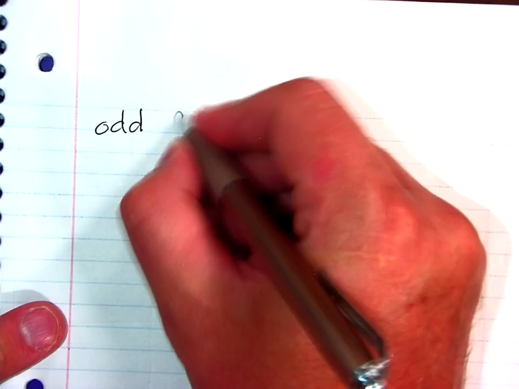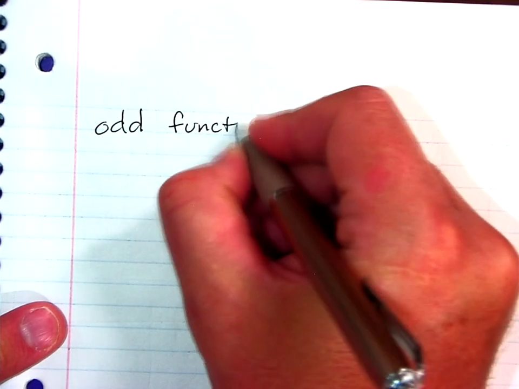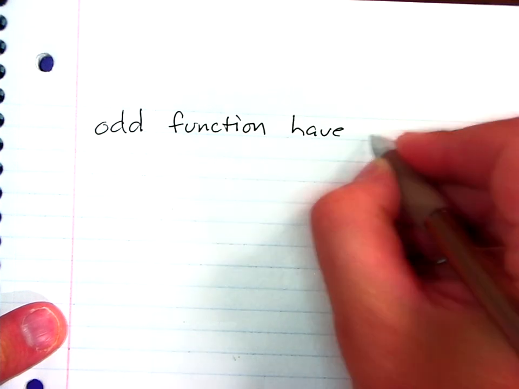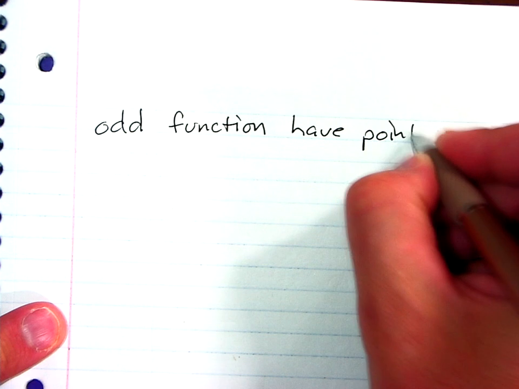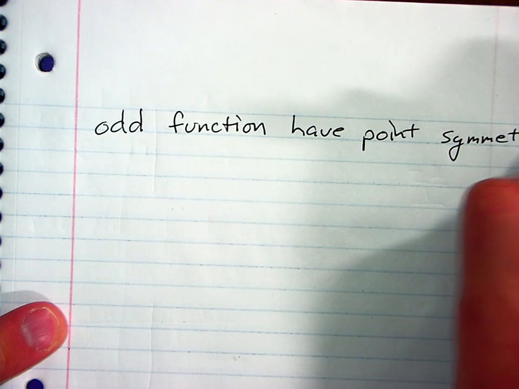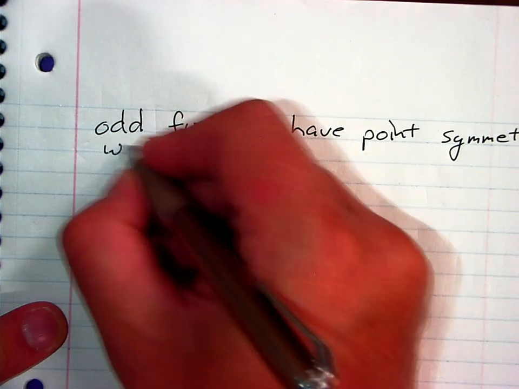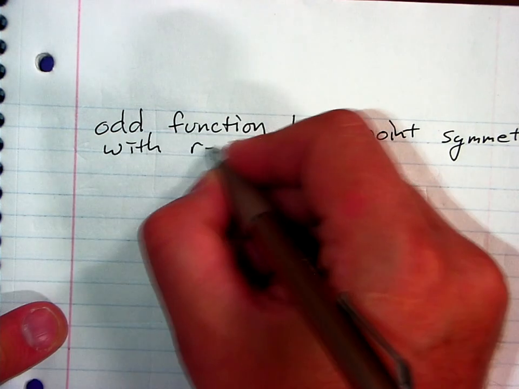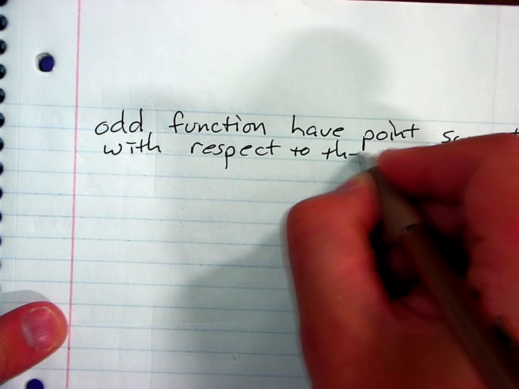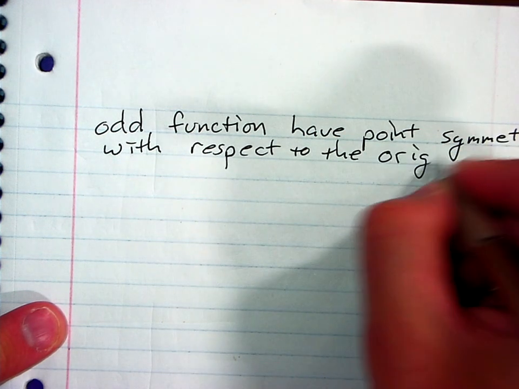Odd function: have point symmetry with respect to the origin.